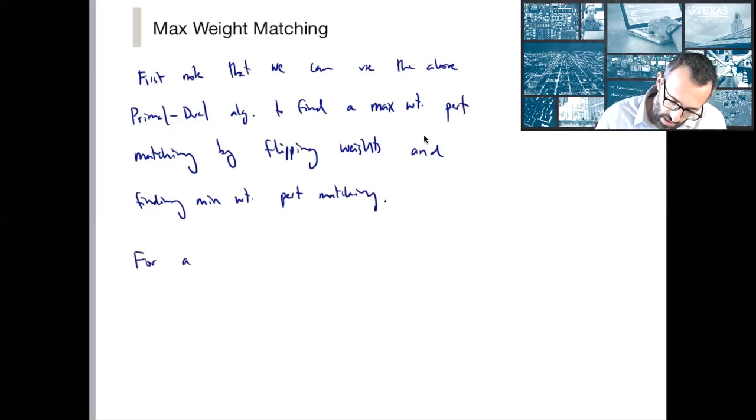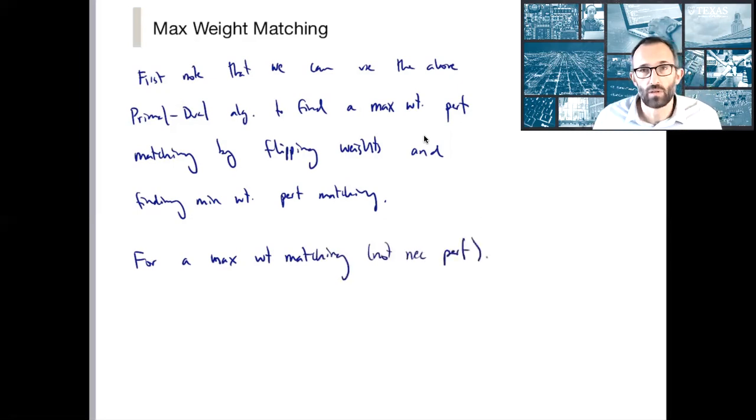So for a max weight matching, not necessarily perfect, all we need to do is augment our graph in order to ensure that there is a perfect matching. And we're going to do this with a trick that we've seen before. We're going to make a copy of the graph, and between corresponding nodes just add an edge of weight 0.